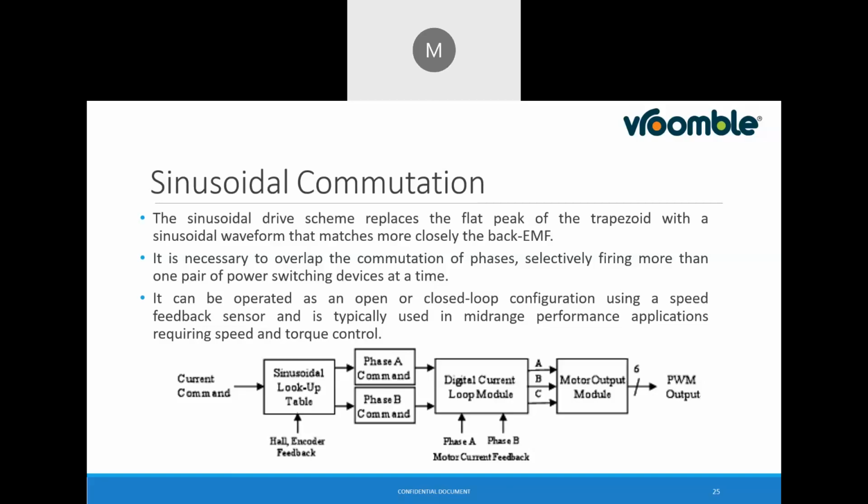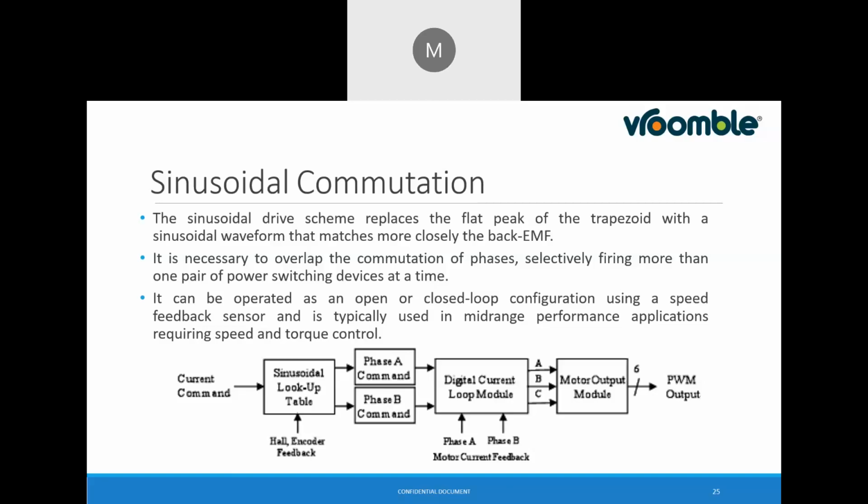That will be considered based on the various requirements, like if you want high speed, at what degree of the throttle rotation, and you can sync up that lookup table with the digital current loop, right? And alternatively, that will be given to the different phases one by one or based on the given sequence, and that will eventually convert as a motor output or the PWM output to the motor.